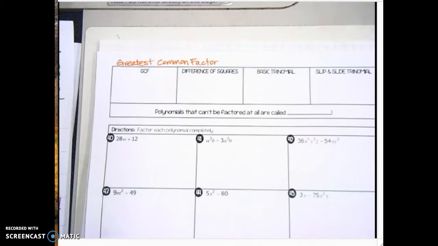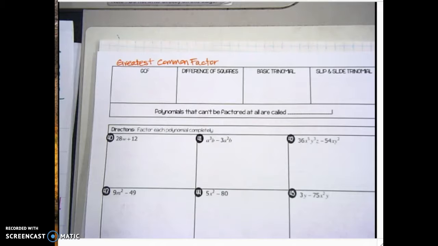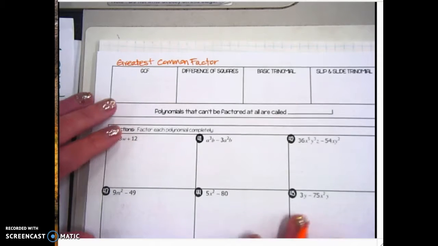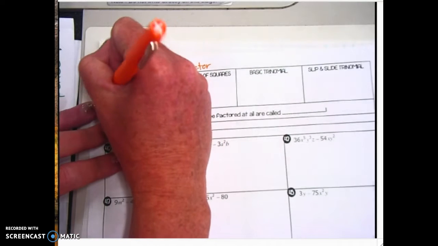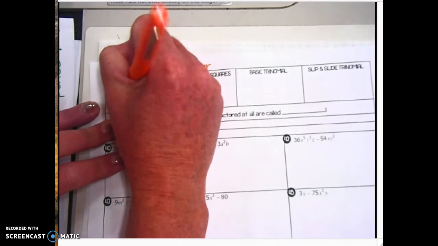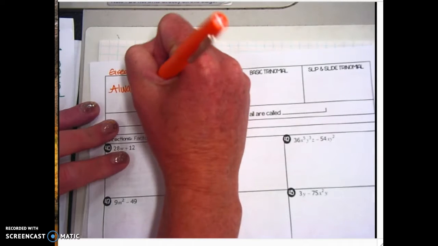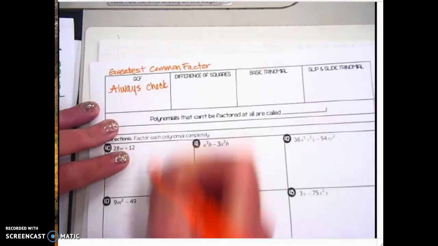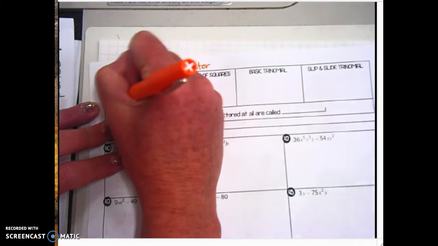Okay. Greatest common factor can have a numerical part, what we call a coefficient, and can have an algebraic part. It can be to the first power, second power, third power, whatever is the greatest power that's going to go into each of the terms without messing it up, right? So, for the GCF, you always want to check for the GCF first.